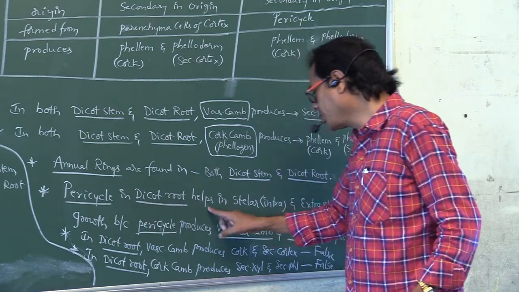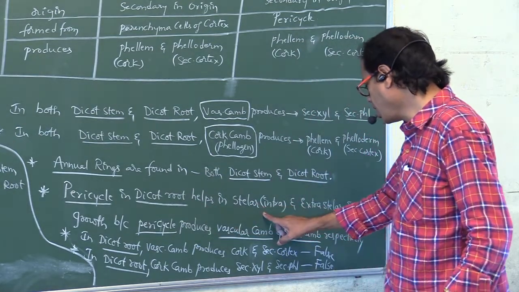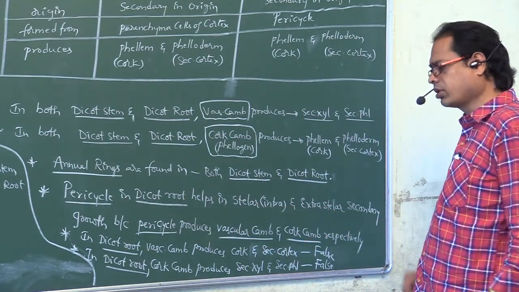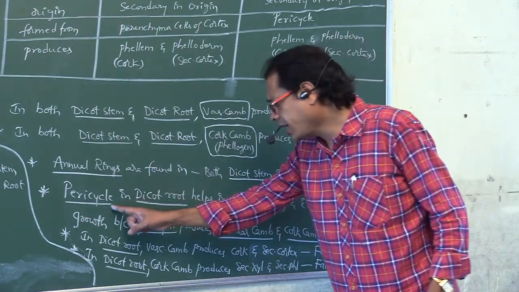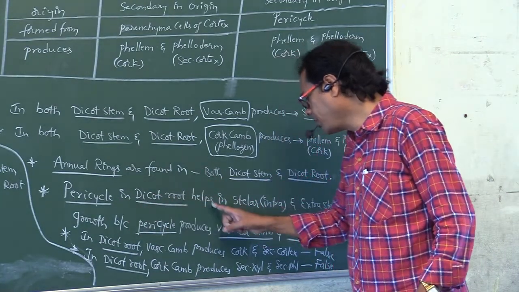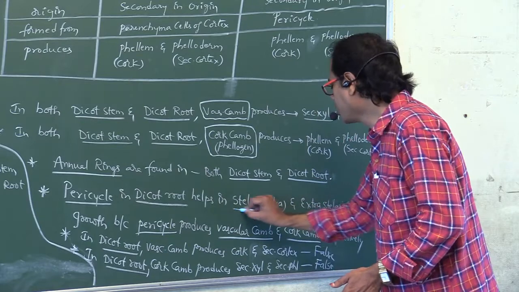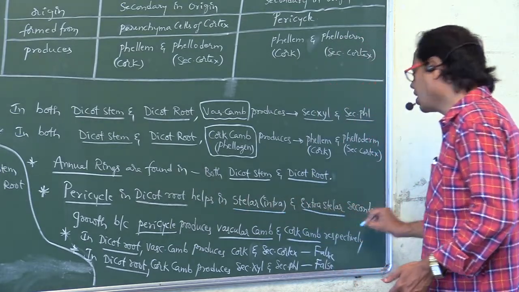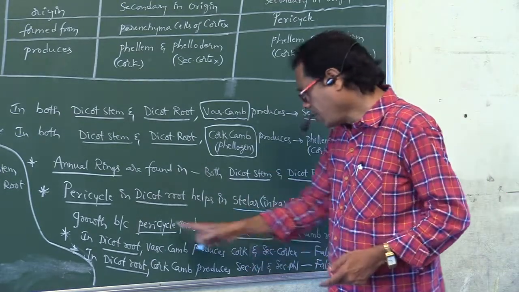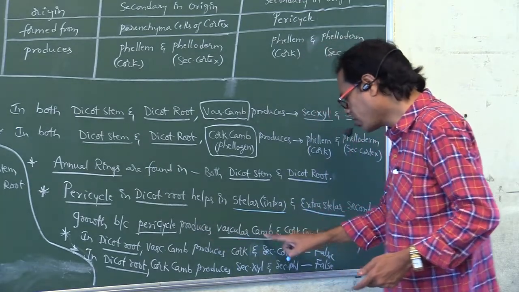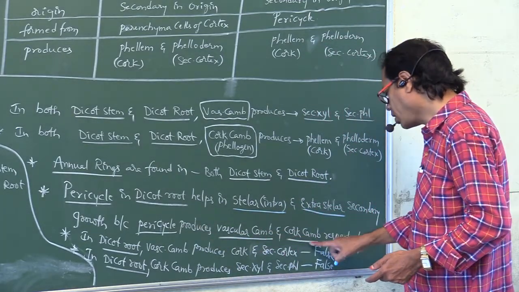Pericycle in dicot root helps in stellar and extrastellar secondary growth. Why? Because pericycle produces vascular cambium and cork cambium respectively.